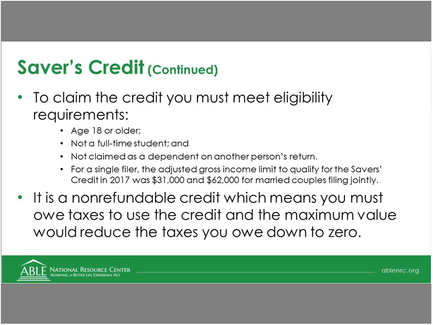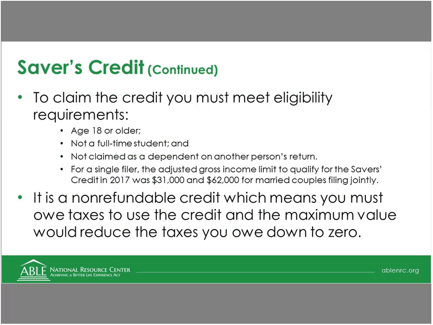So I mentioned that just being an ABLE account owner doesn't in and of itself qualify you, or even contributing into your own ABLE account doesn't in and of itself qualify. You also have to meet those other criteria that are already established in the Savers Credit guidelines. So what are those?